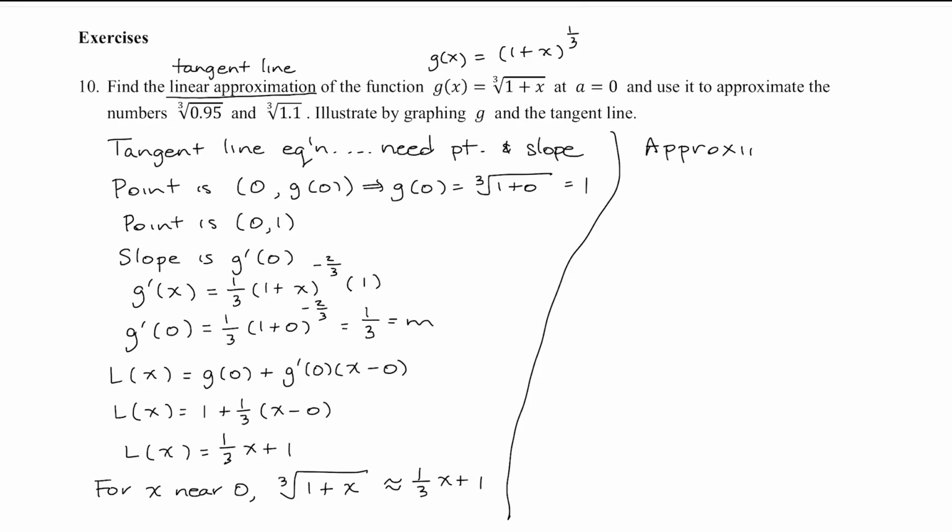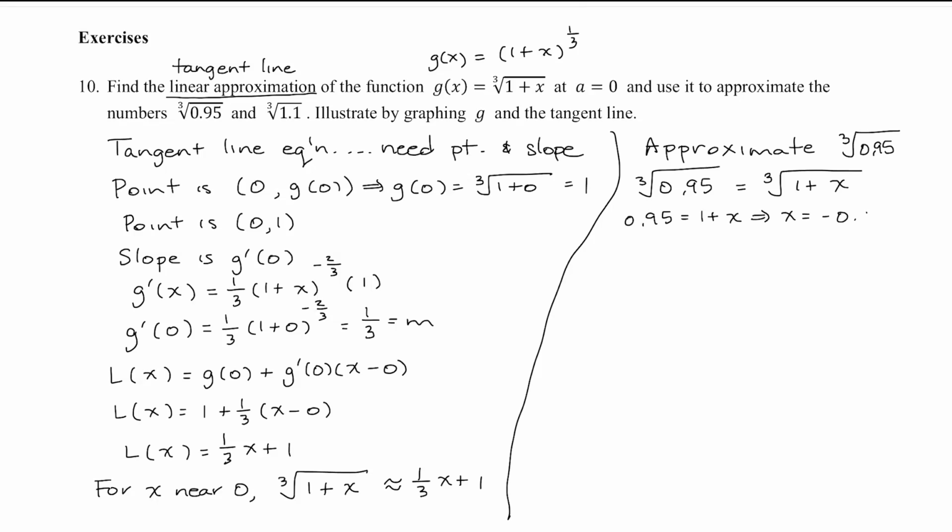Okay, now, they asked us to approximate the cube root of 0.95 and the cube root of 1.1. So let's do that part. If we want to approximate the cube root of 0.95, first of all, I got to figure out what my x is. That is the cube root of 1 plus x. Okay, so that's the function that I can approximate with this tangent line.